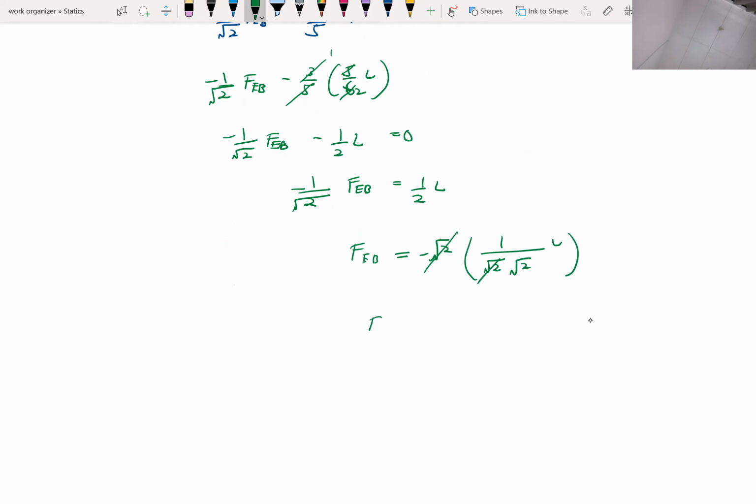So FEB is equal to negative 1 over 2 L. So let's see, we have found the forces FEB, FEC, and also FED.